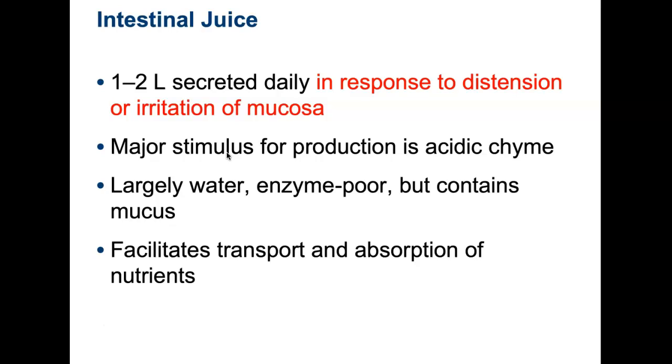It mixed with the pancreatic juice, which was more alkaline, but we still have an overall acidic chyme, and that's going to trigger this intestinal juice secretion. It's mostly water with very few enzymes. It does contain mucus, and basically the entire point of the intestinal juice secreted by the mucosal layer is to facilitate and transport nutrients.